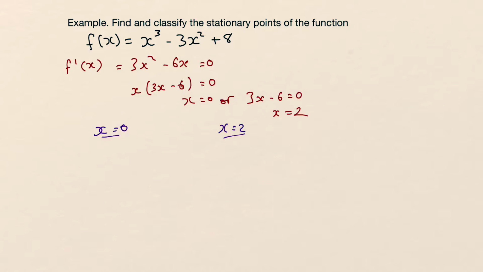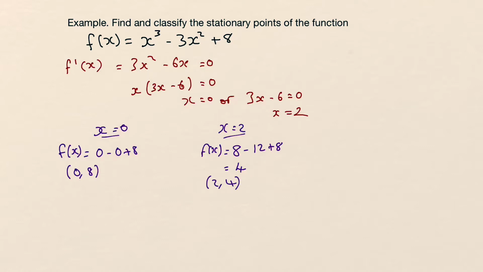Input into f of x, which is 0 minus 0 plus 8, and 2 to the power of 3 is 8 minus 12 plus 8, which is 4. So we have found the stationary points at (0, 8) and (2, 4).